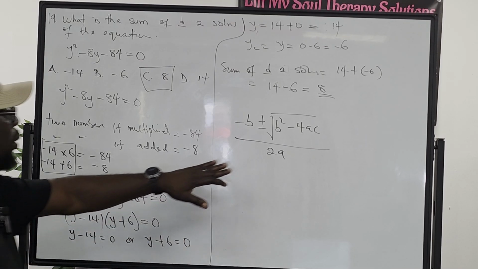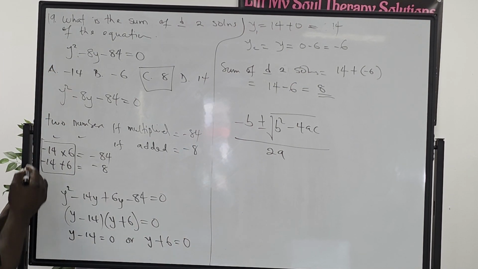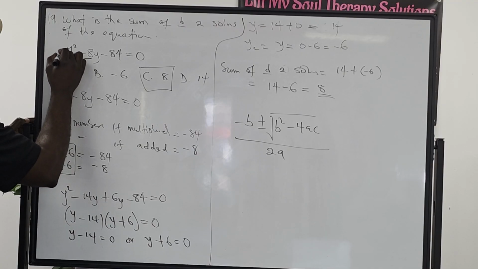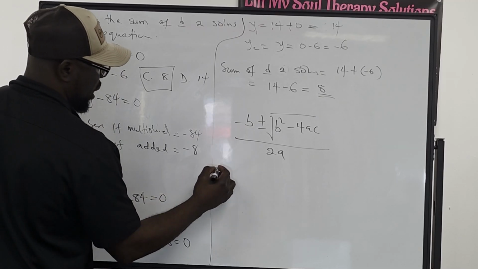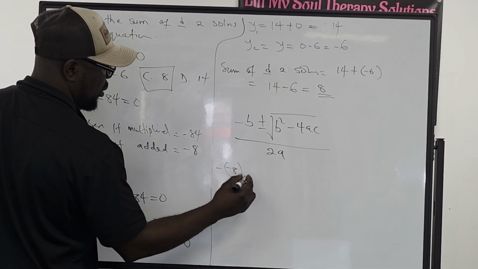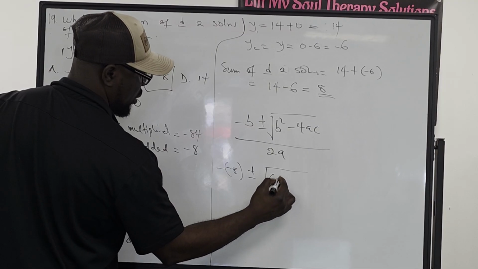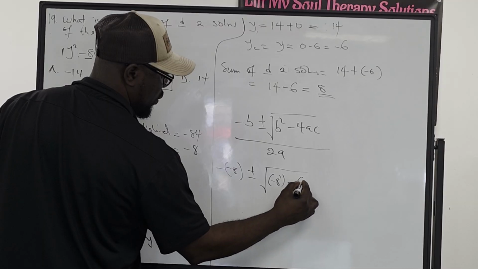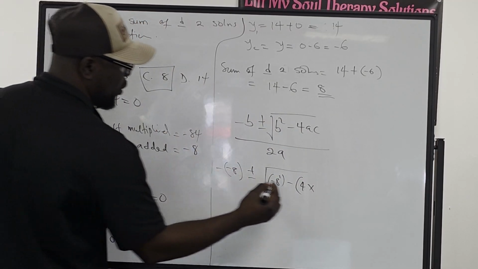But if you do, your b is minus 8, your a is 1, and your c is minus 84.